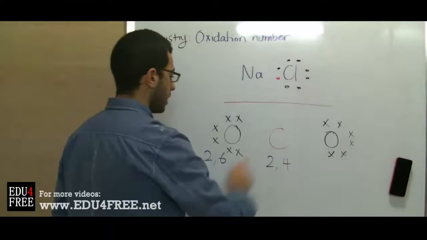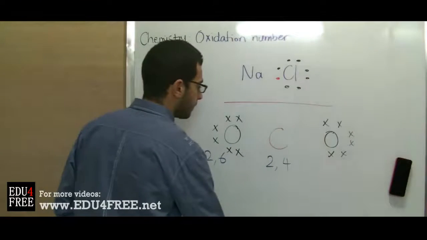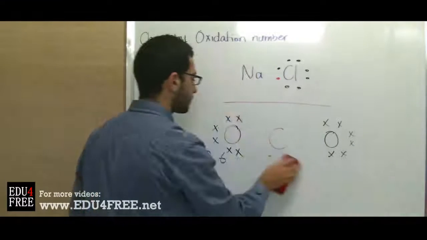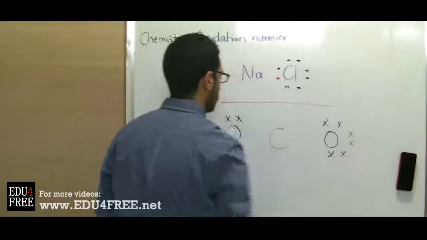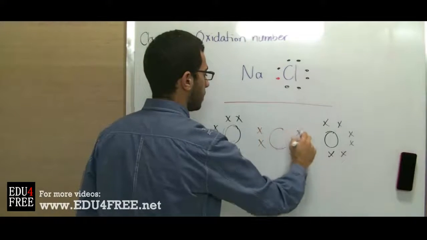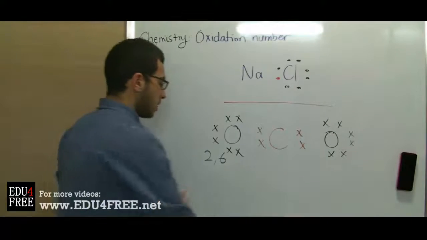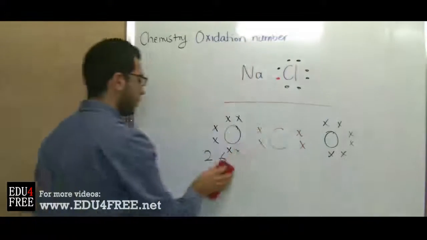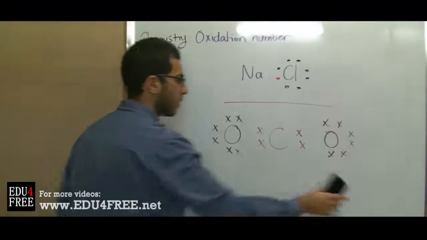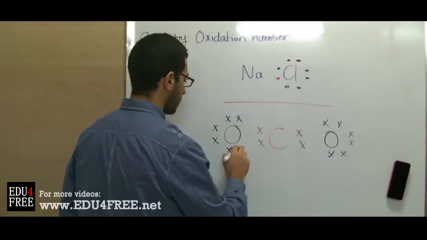These are the oxygen atoms. This is the outermost energy level. And in carbon, we've got 4 electrons. So in the covalent compound, what happens is sharing electrons.